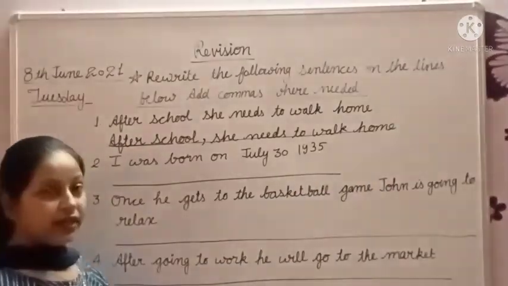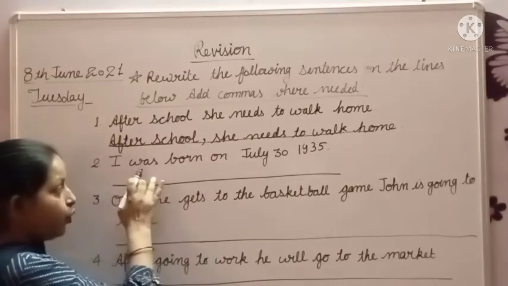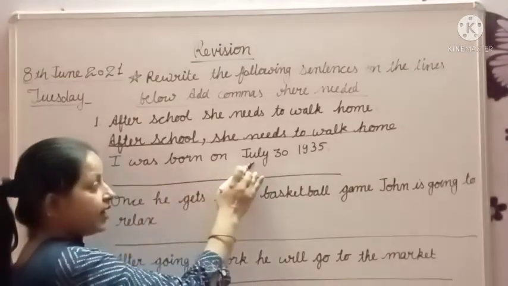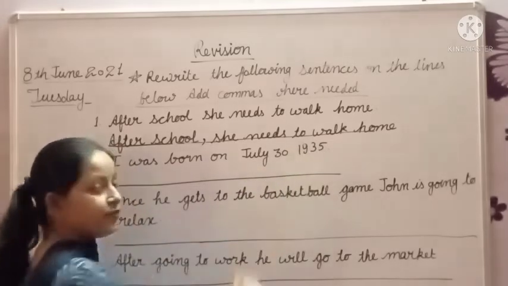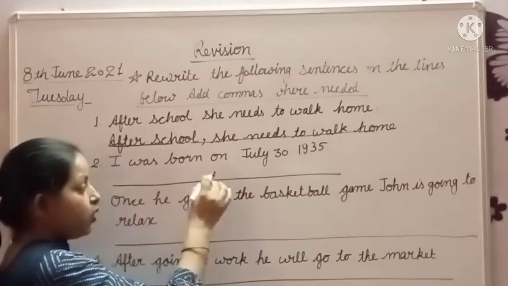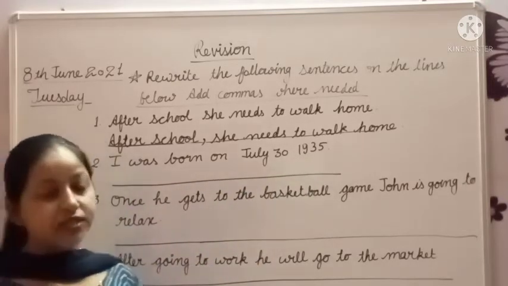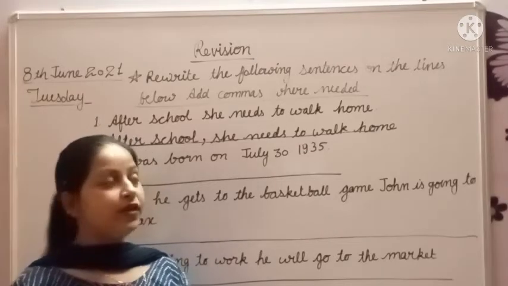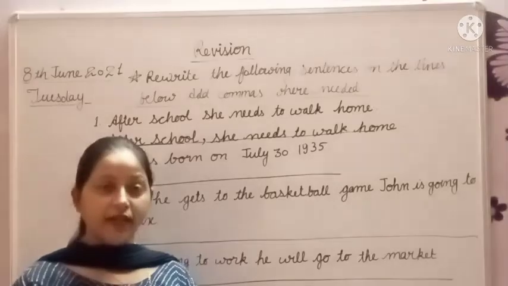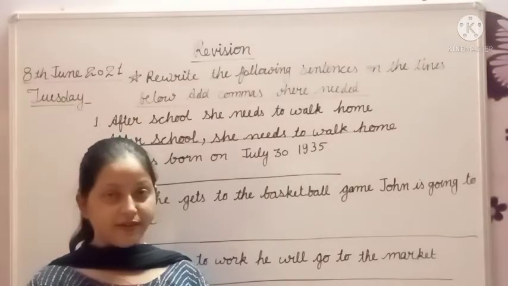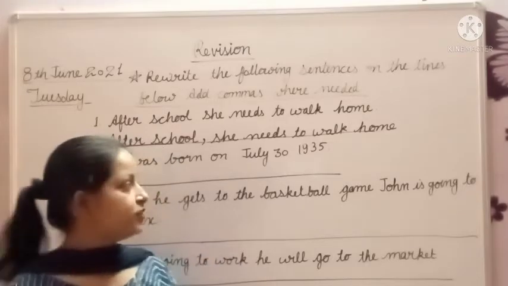Okay. The next one is: I was born on July 30, 1935. Yes, students, when we have the date, day and year together in the sentence, we use a comma to separate them from each other.